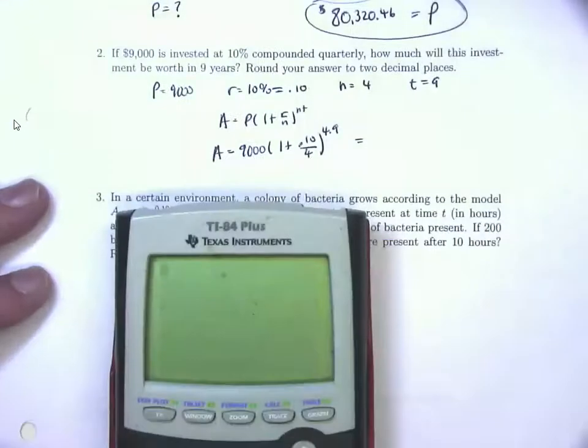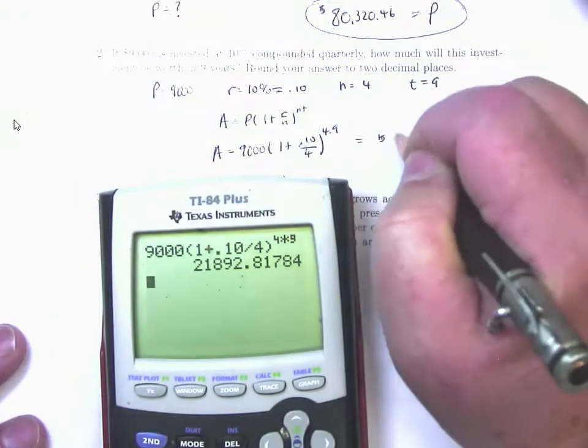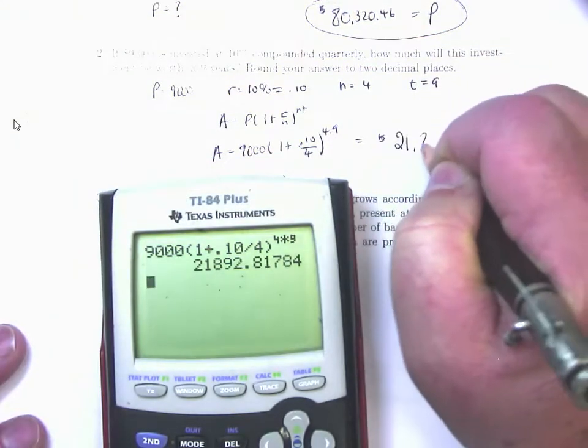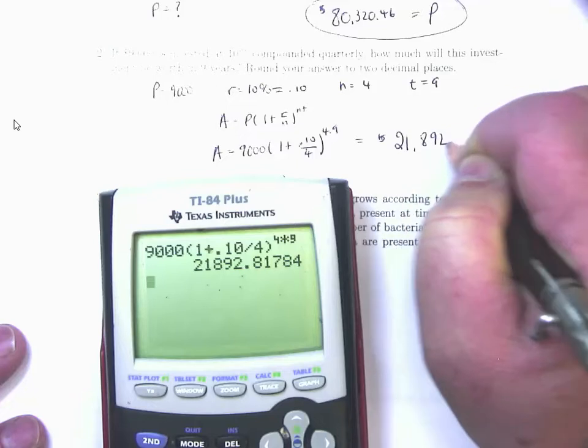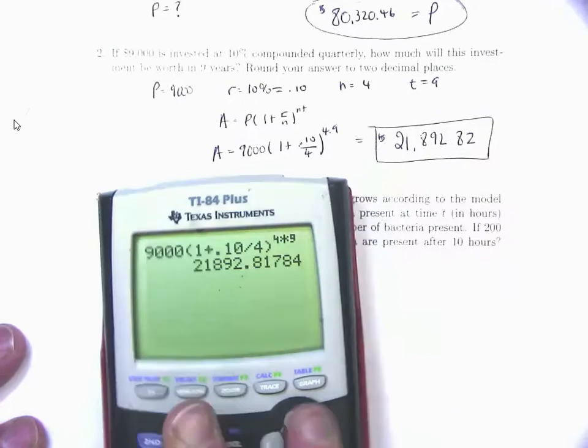So again, putting this on my handy dandy calculator here, I've got 9,000 times (1 plus 0.10 divided by 4) raised to the 4 times 9, which is $21,892.82. That's how much this money is going to be worth.